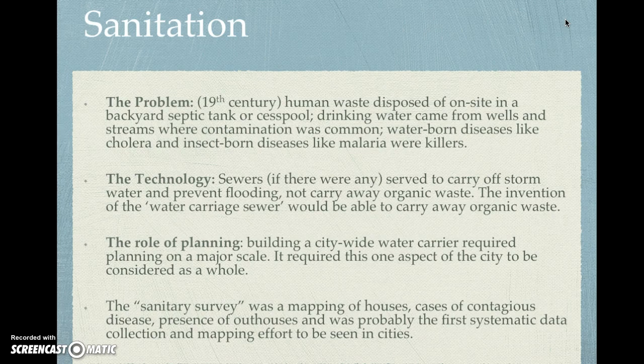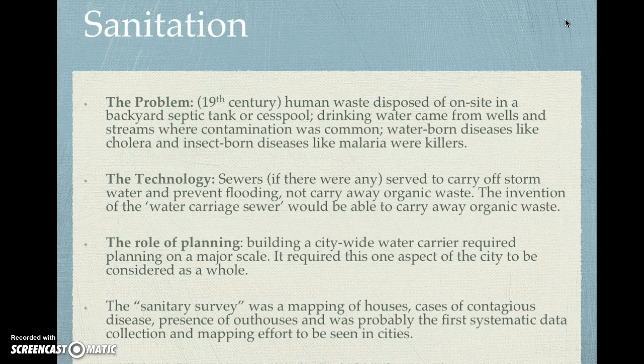So where does planning come in? The role of planning is that in order to build a citywide water carriage system, it required planning on a massive scale. Just this one aspect of the city, the idea of sanitation and sewer and water, you had to consider the city as a whole in order to put in a system like this.